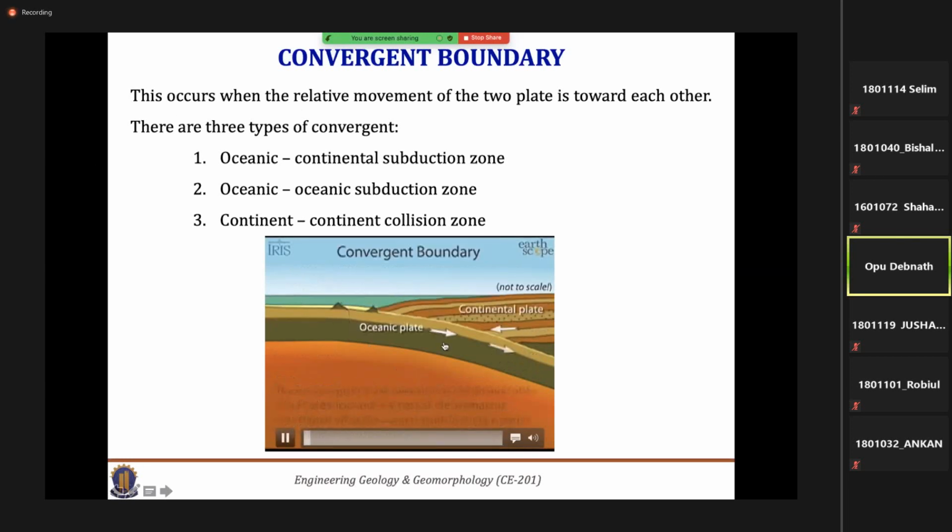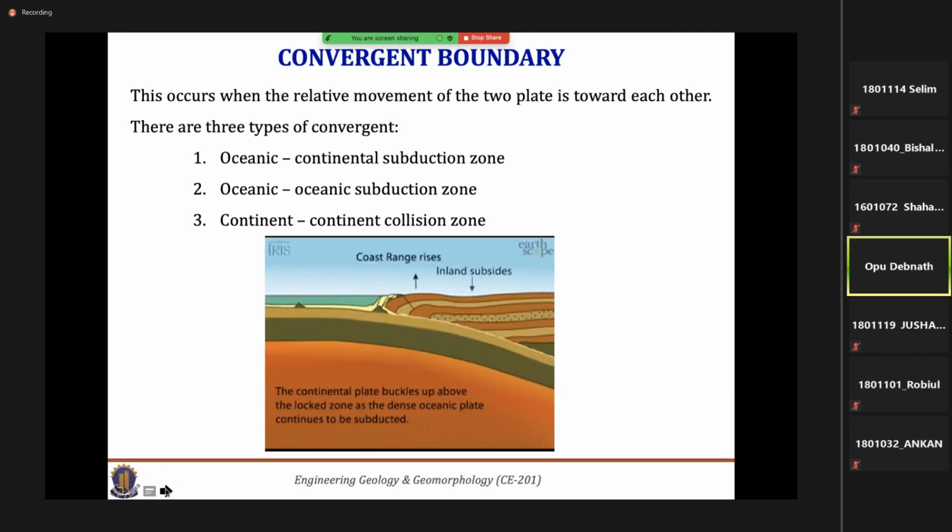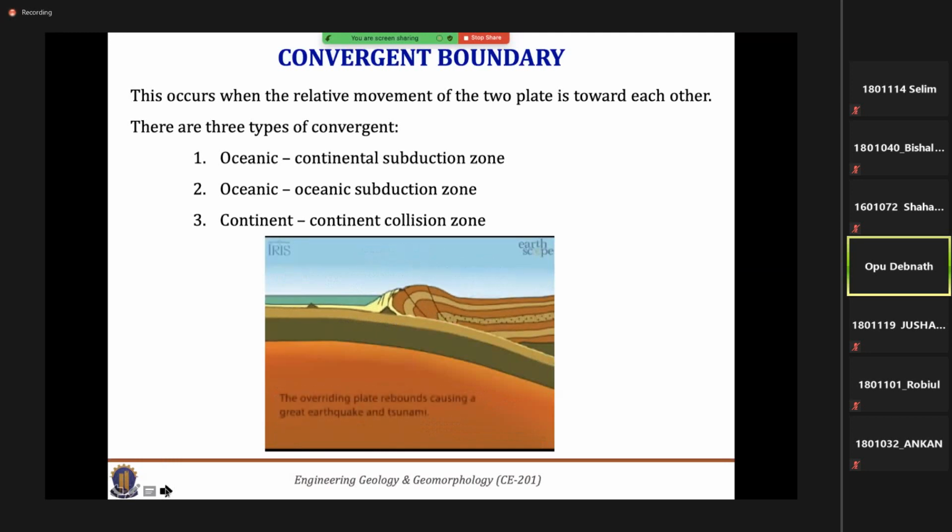So this is the first example: an oceanic plate, and the side one is the continental plate. So the oceanic plate is moving beneath the continental plate. Later we will discuss why one goes up and which one goes beneath during this relative movement towards one another.